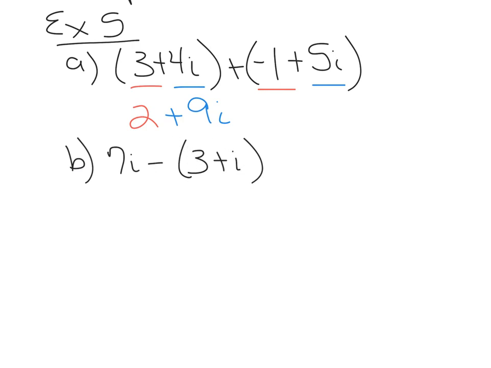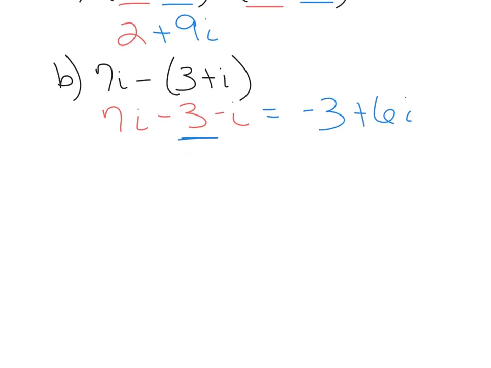So this is going to turn into 7i minus 3 from this negative times this 3, and then this negative times this i makes minus i. And then we write the real number first, negative 3, and there's nothing to combine with that negative 3 because these two terms are both imaginary numbers. So we'll combine those together. 7i minus i makes 6i. So this would be plus 6i. All right.